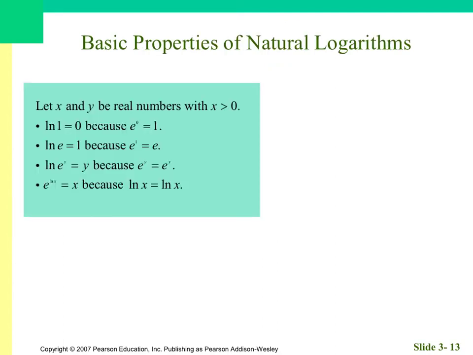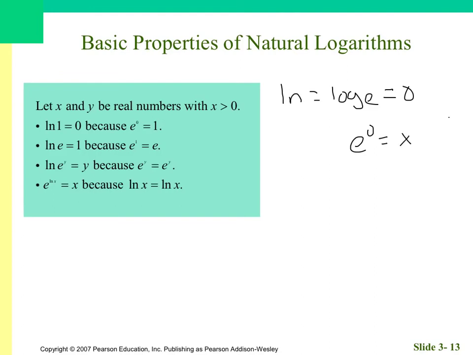Natural log. Okay. So natural log is written ln. But what it is, is log base e. Let x and y be real numbers with x greater than 0. The natural log of 1 equals 0, because natural log is log base e. E to the 0 equals something.